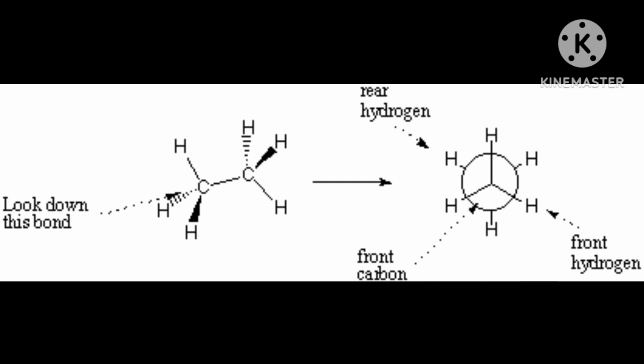Both you can understand very easily by diagram. Okay, I will try to send both diagrams and show how you can represent them. First I am telling you the sawhorse projection.